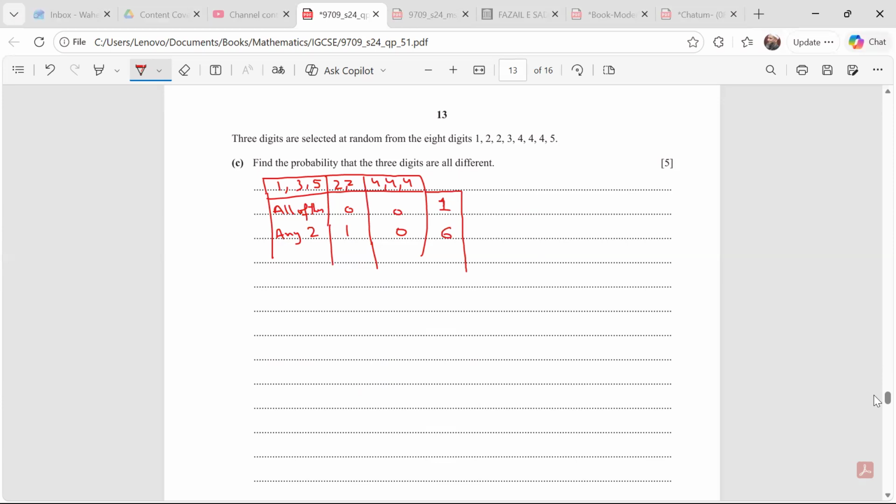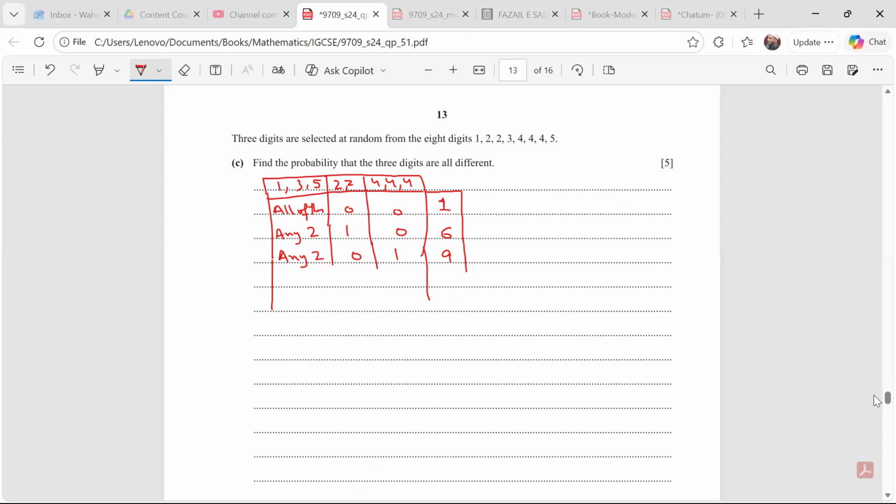The other possibility is I take any two numbers from here, nothing from here, and one from here. Again, there are three ways I can select two of these numbers, and then each one of them. So 3 times 3, it is 9. There are 9 different possibilities.